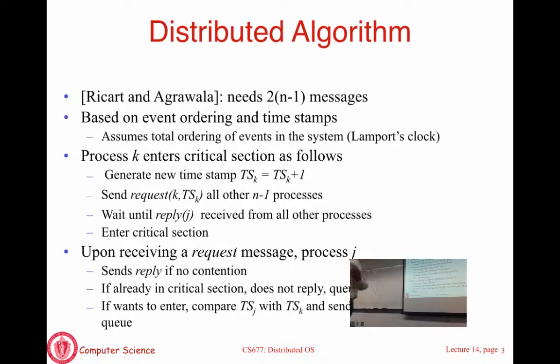You just block until everyone tells you yes. Some processes may immediately send you yes. Others may take a little longer. But until you get a yes from everyone, you block, saying I'm waiting for the lock. Once everyone else says yes, go ahead, then you enter the critical section. So this is the process to acquire a lock: you increment your timestamp, you send a lock acquire request to everyone, and you wait for yeses from everyone.